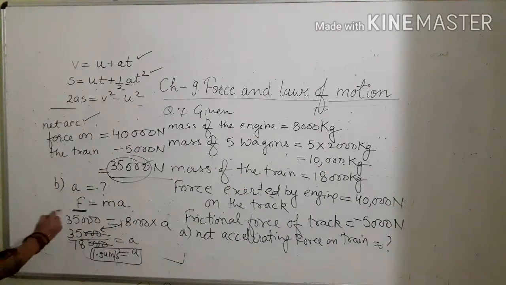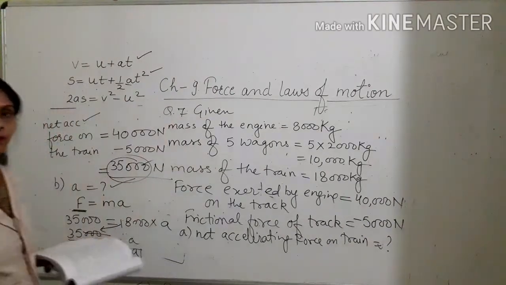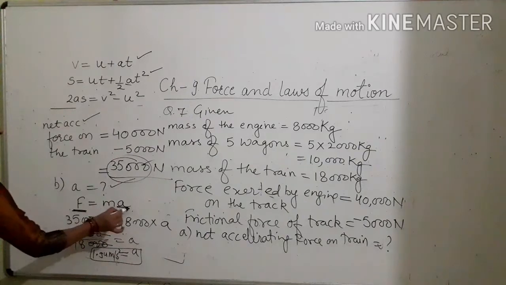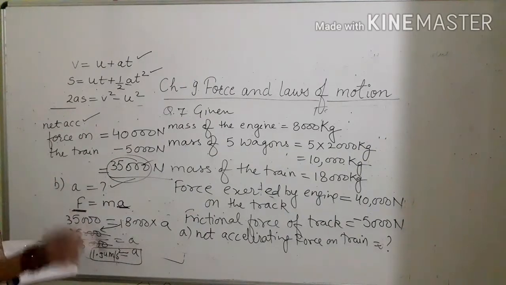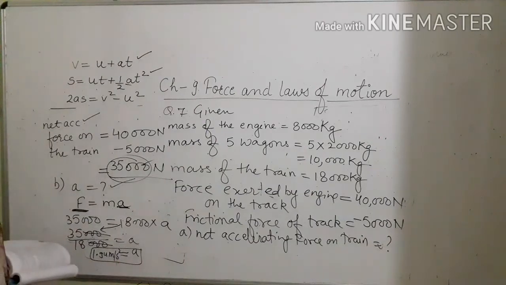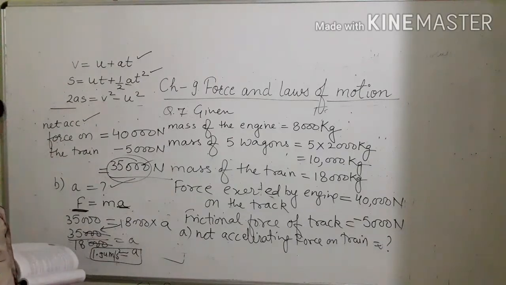Remember one thing, if you want to find the acceleration of the train, then you will apply the equation F is equal to ma. Here you are finding the acceleration of the train. So obviously you have to write the value of force. That force will be the force on the train.